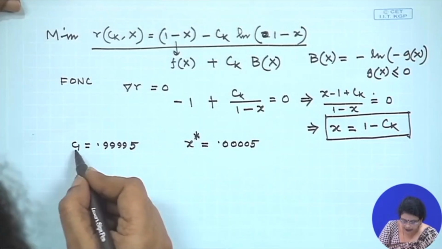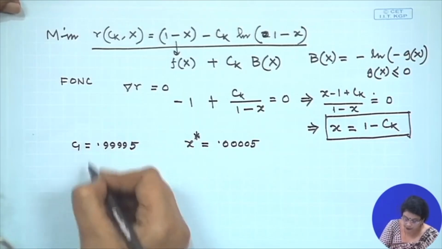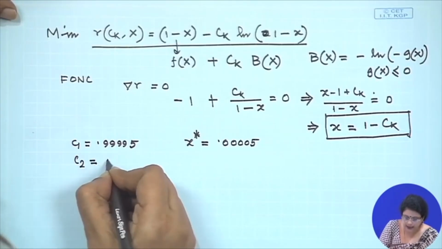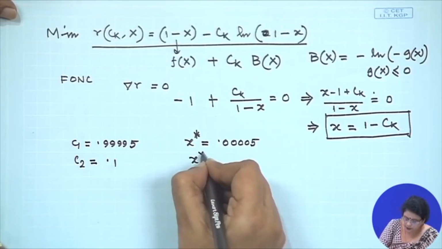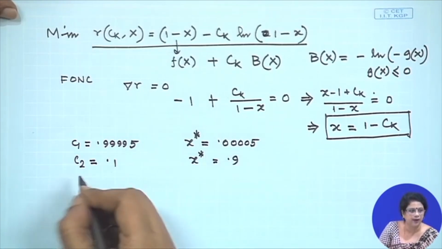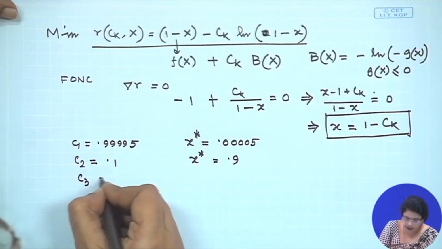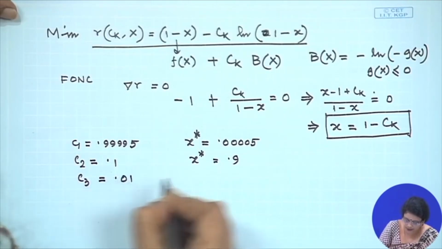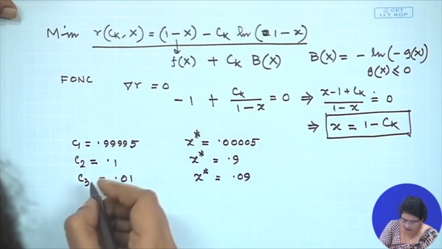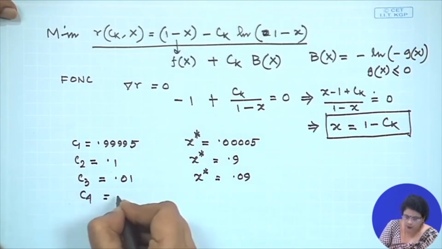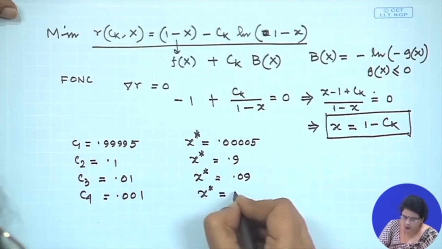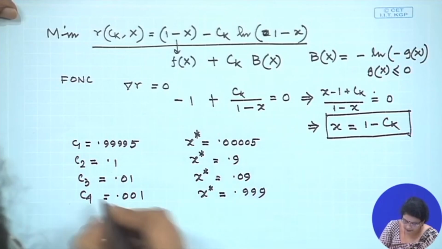Now, I have to decrease c_1, that is why let me consider c_2 as 0.1, then corresponding x star would be 0.9, all right. If I consider c_3 is equal to 0.01, then x star would be 0.99, c_4 is equal to 0.001, x star would be 0.999.